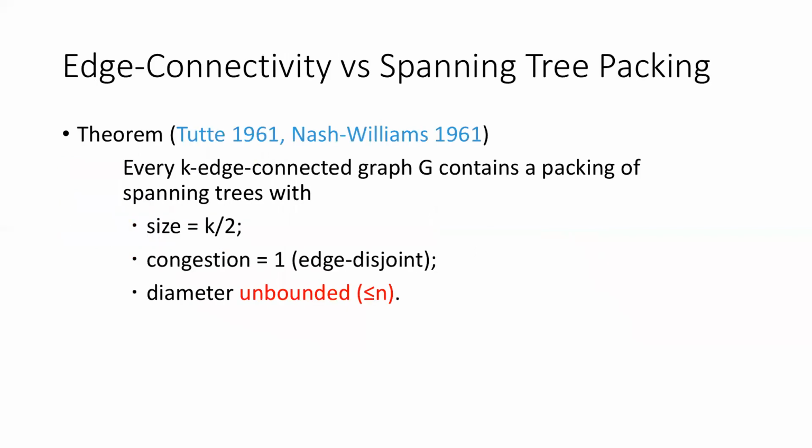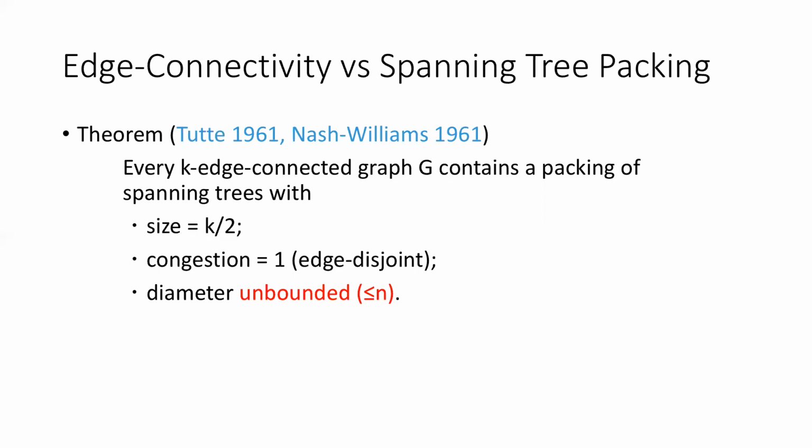So now we're going to review some previous work on spanning tree packing in a graph. The celebrated tree packing theorem of Tutte and Nash-Williams from 1961 states that every k-edge connected graph contains k/2 edge disjoint spanning trees. In other words, a k-edge connected graph contains a packing of spanning trees with size k/2, congestion 1, and trivially n-bounded diameter.